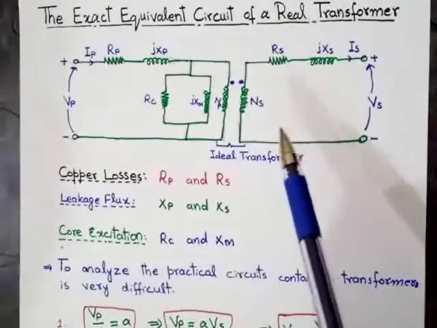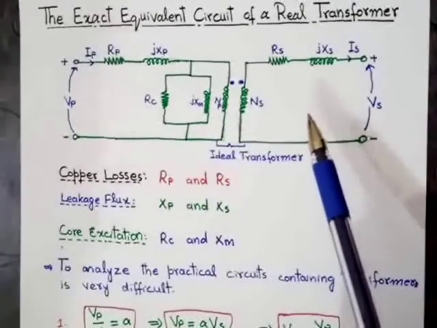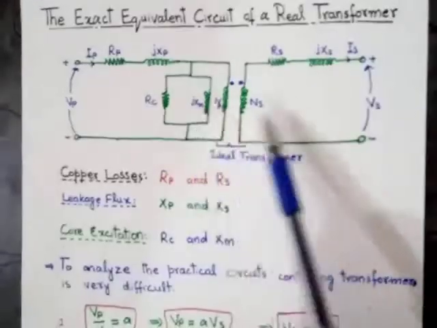We can convert the primary side into the secondary side and the secondary side into the primary side by the impedance transformation method.